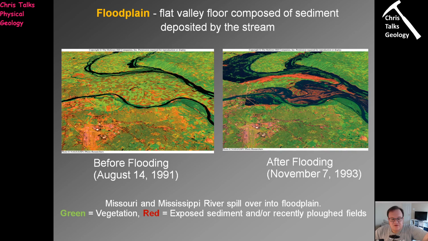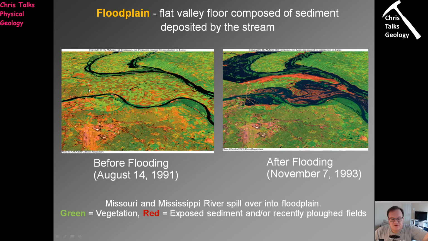All right, let's have a look at these two examples here. This is the meeting of the Missouri and Mississippi rivers. You can see this is 1991, where there's no flooding, and this is 1993, where we can quite clearly see there is flooding. One of the things that floodplains, especially around meandering streams, have is very good quality soil.